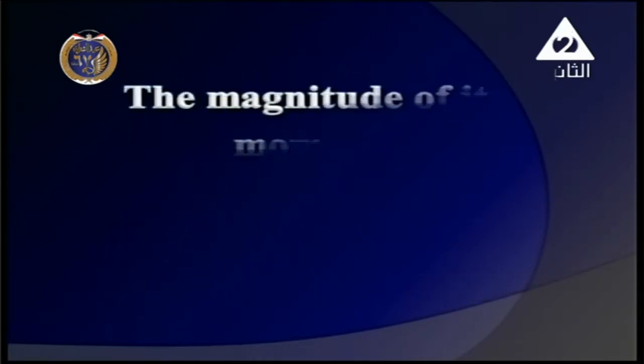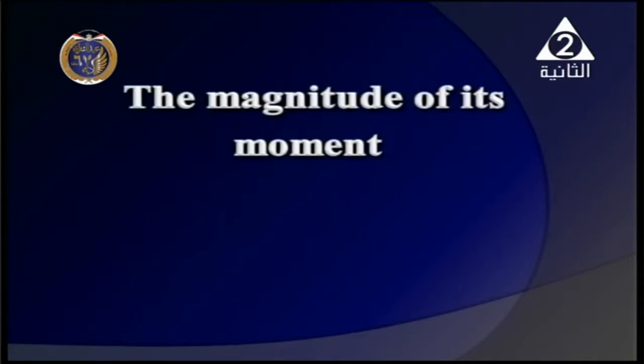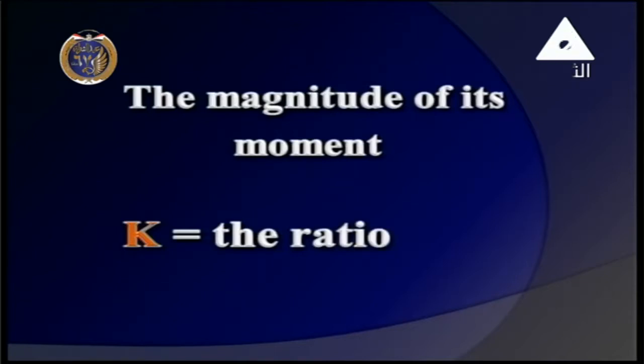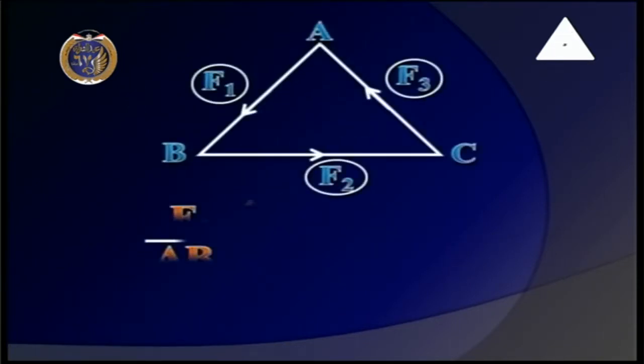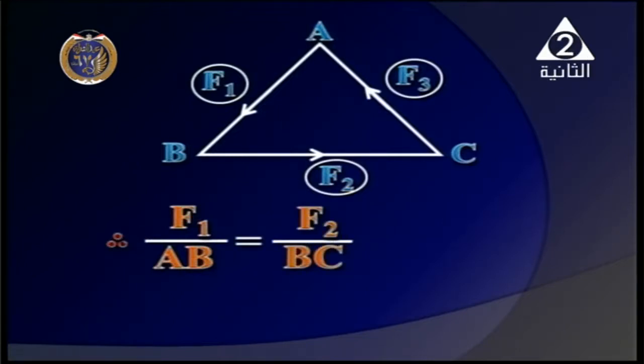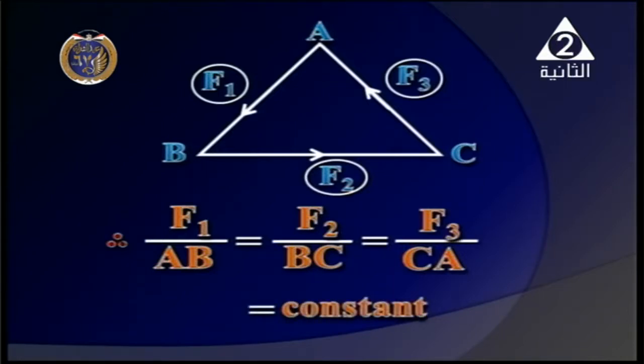What is the magnitude of this couple? The magnitude of its moment equals the ratio as the first magnitude. We find K, the ratio of the couple, F over L, force over L. F1 over AB equals F2 over BC equals F3 over CA equals K, constant.